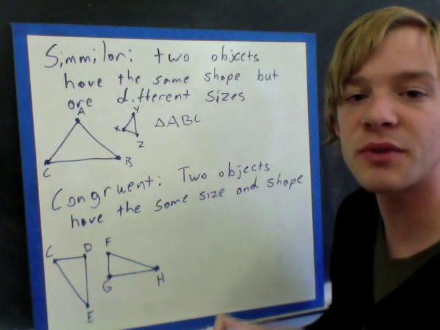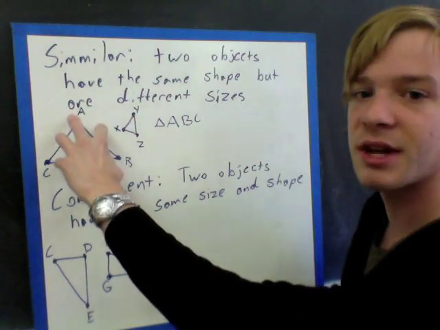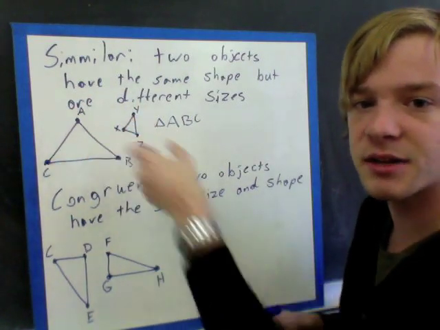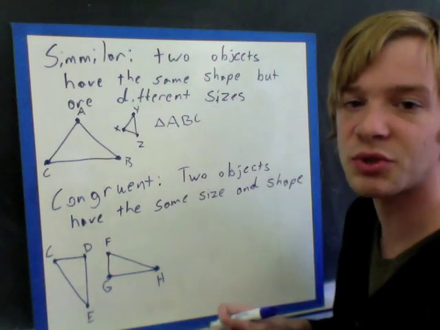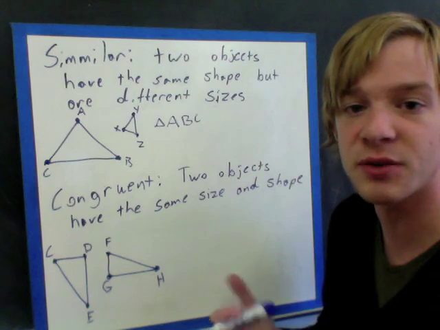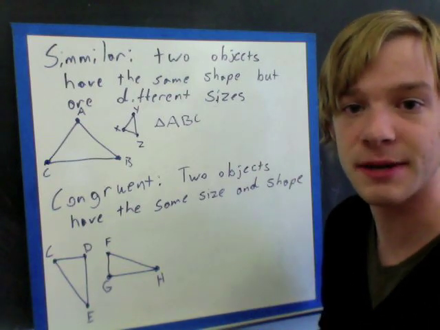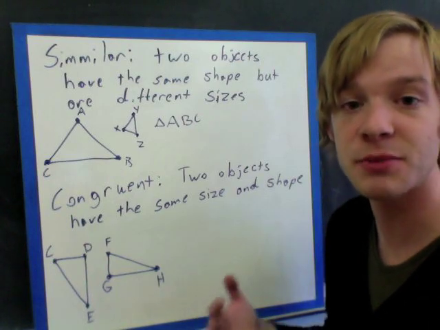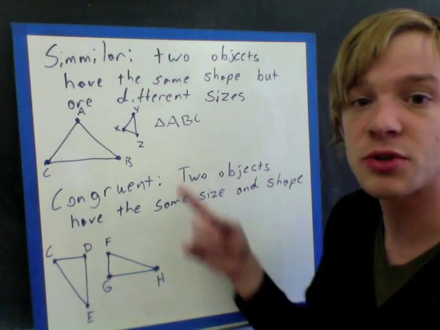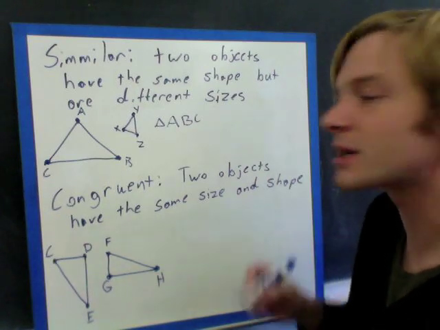Now, even though this triangle is smaller, and I basically took my big triangle here and I turned it to the side, we still have two similar triangles. We can rotate, we can spin them around, we can flip the triangles, but if all of their angles are the same, they're basically the same shape. They're just different sizes. So triangle ABC is similar to triangle XYZ.